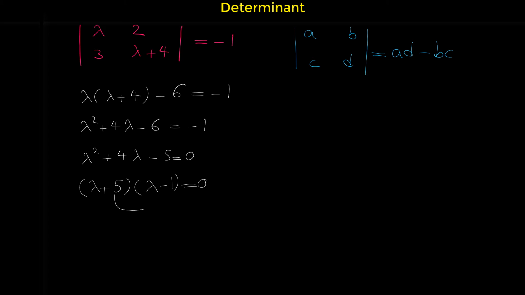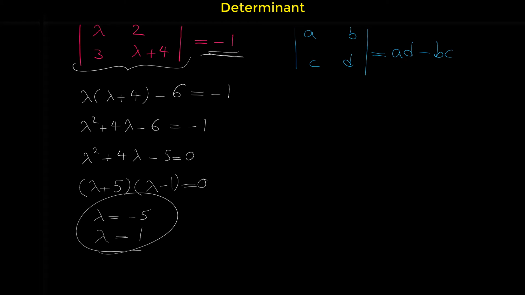Note that 5 times negative 1 is negative 5, and 5 plus negative 1 is positive 4. From this, we can find lambda is negative 5. We set this equal to 0, and if we set the other bracket equal to 0, lambda is 1. So the values of lambda that make this equal to negative 1 are negative 5 and positive 1.